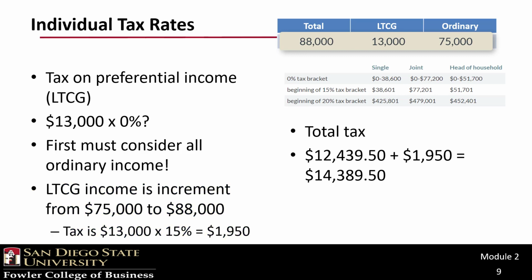As a result, that puts her in the tax bracket between $38,601 and $425,800. As a result, we apply the 15% tax rate. And so $13,000 is multiplied by 15% to get a tax of $1,950. And Betty's total tax is the sum of her ordinary tax and her preferential tax.